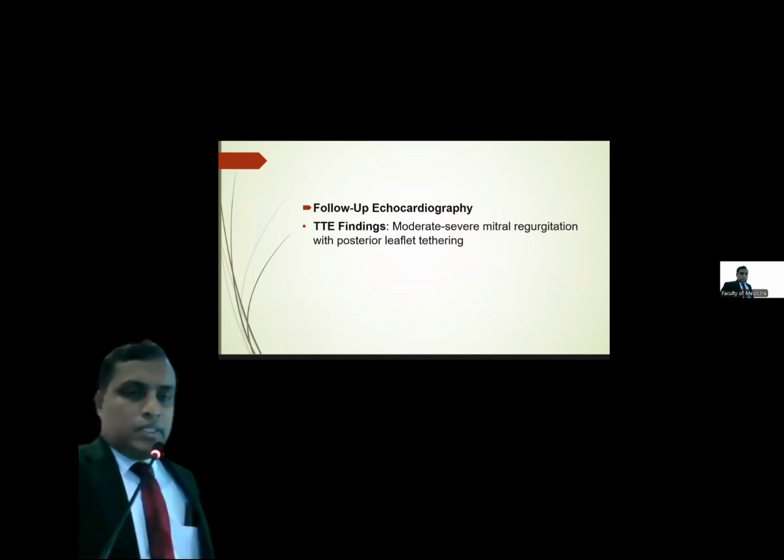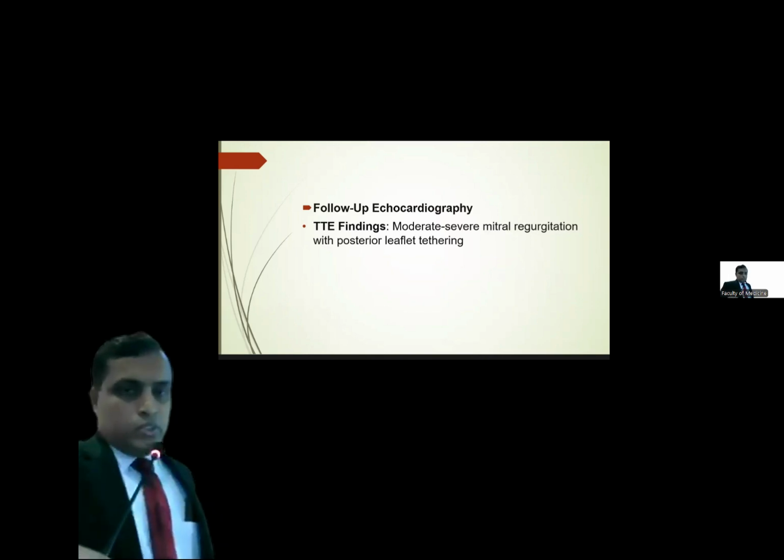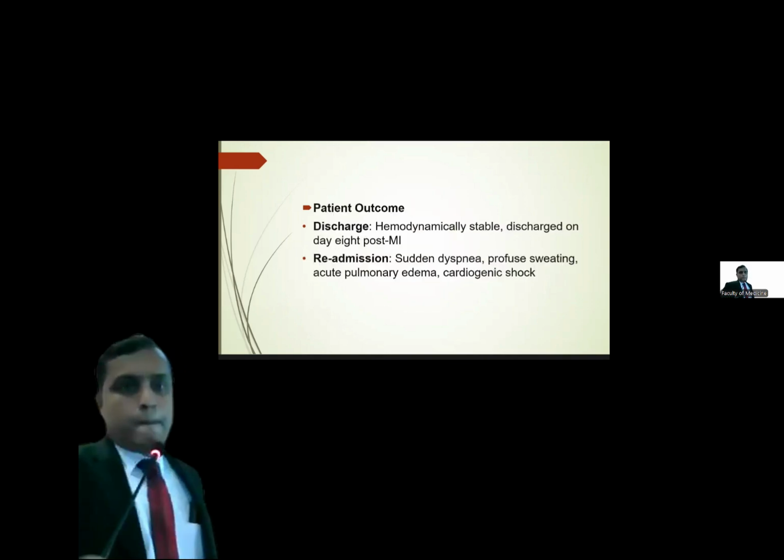After the PCI procedure, the echo showed moderate to severe mitral regurgitation with some posterior leaflet tethering. Several days after, he became hemodynamically stable and was discharged.